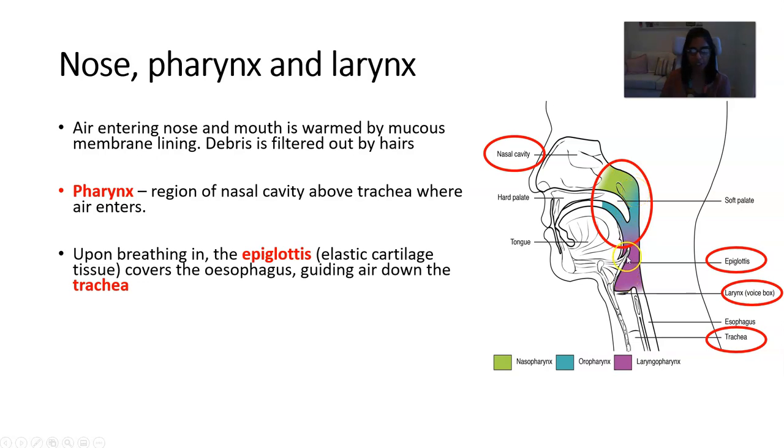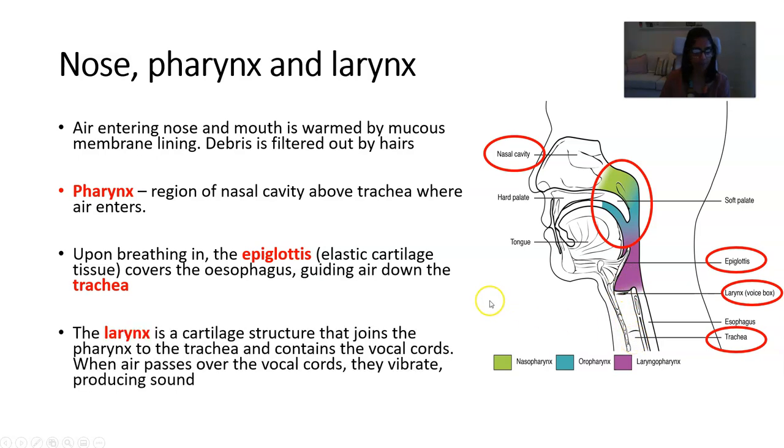This structure here, the epiglottis, this is a piece of tissue primarily made of elastic cartilage, and this will cover the esophagus, which I'm pointing to here, so that when we breathe in air, it's just flowing mostly down that trachea. And then finally we reach over the larynx.